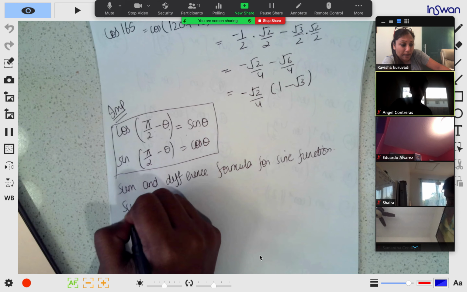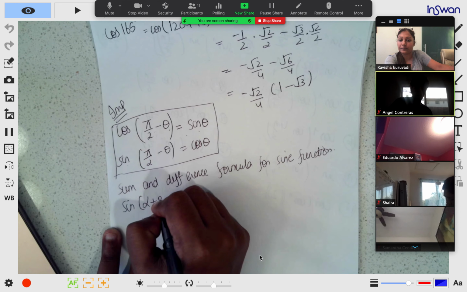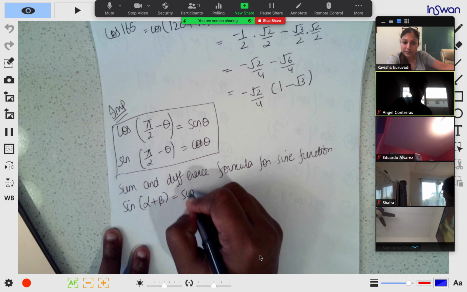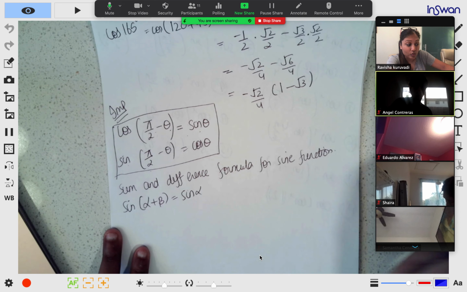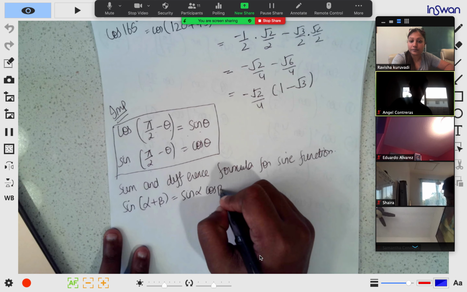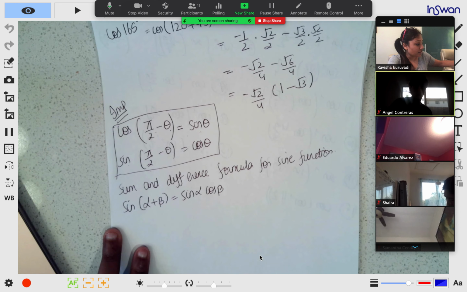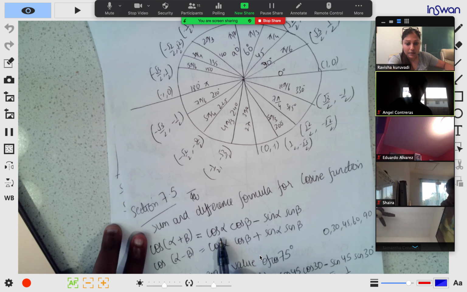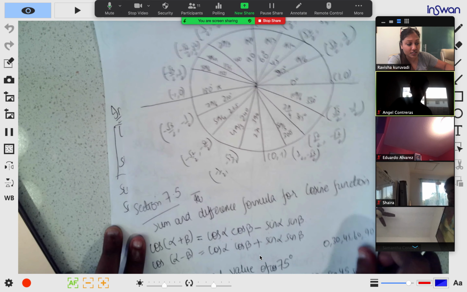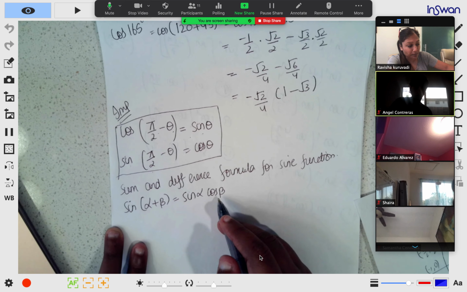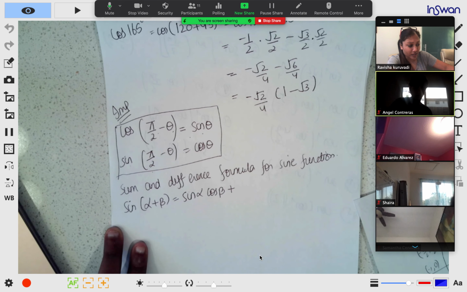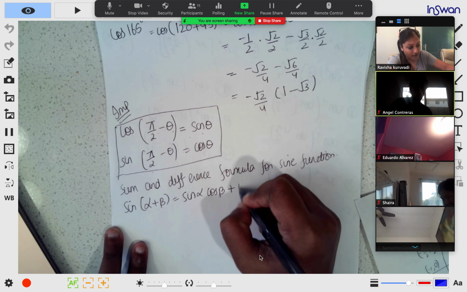If you have sine of alpha plus beta, in this case it will be sine alpha, but then you have cosine beta. Note in cosine we had both of them cosine first, but in this case you have sine first, then cosine. It's a plus, it will remain plus. Then it will be cosine alpha sine beta.